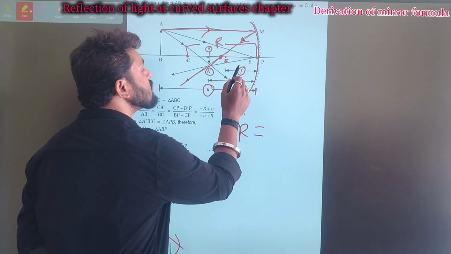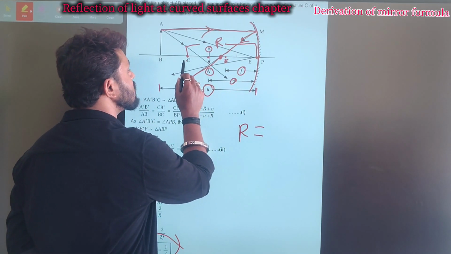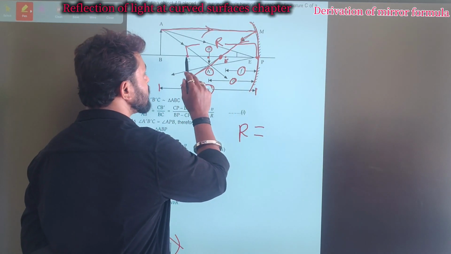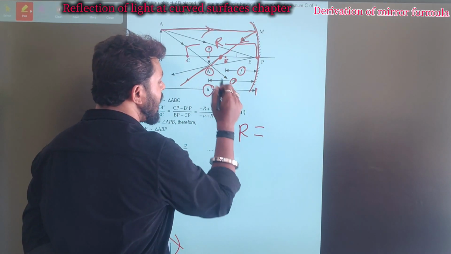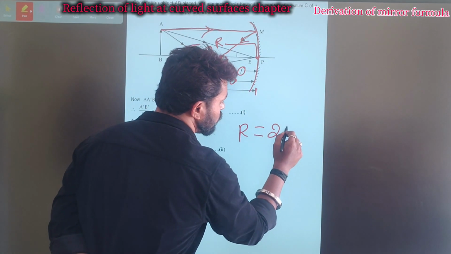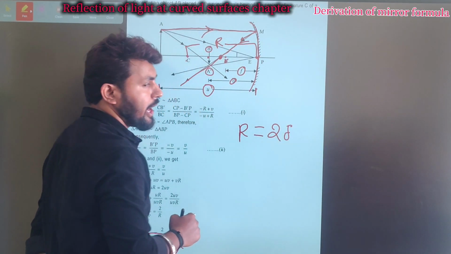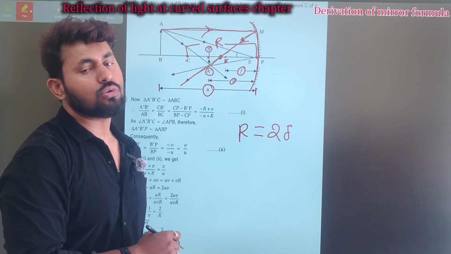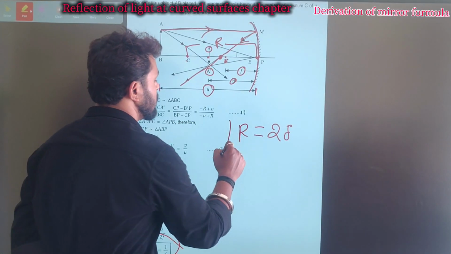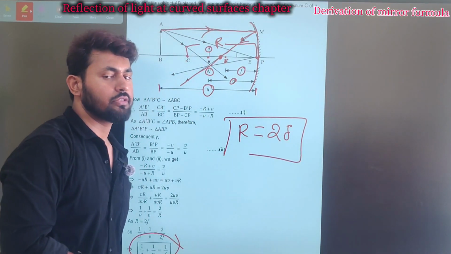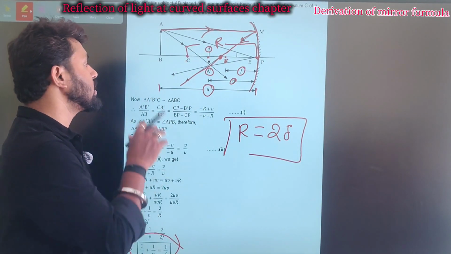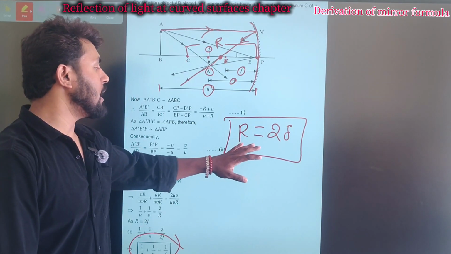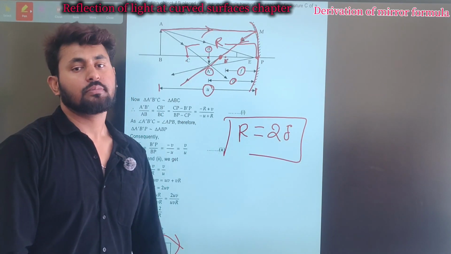If we multiply this focal length by 2, we get the distance from the pole to the center of curvature, which is R. So I get 2f. The relation between radius of curvature and focal length is R is equal to 2f. This is very important, so that you will understand how I am able to relate R, the radius of curvature, to the focal length.